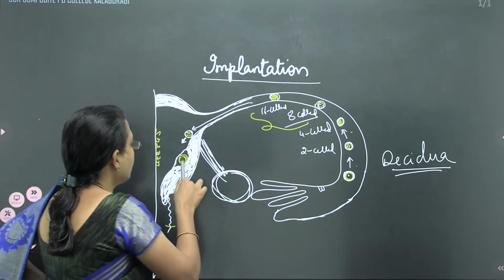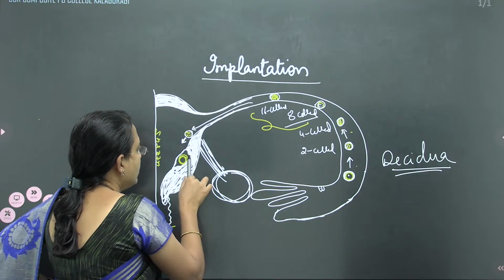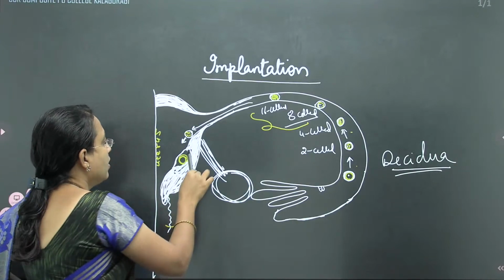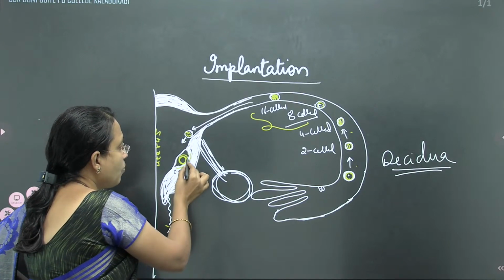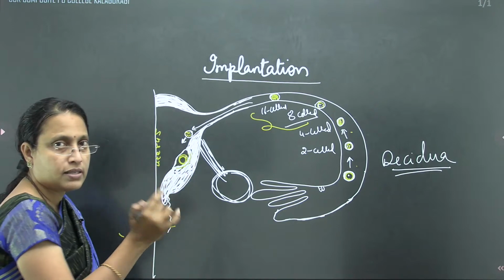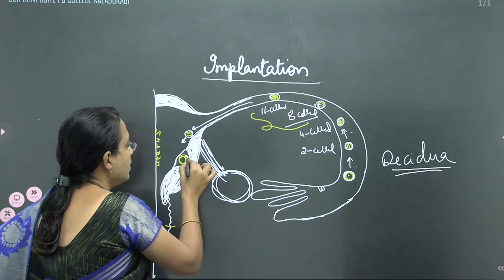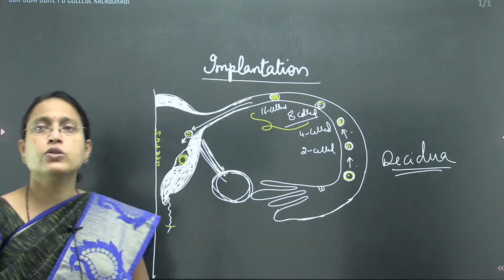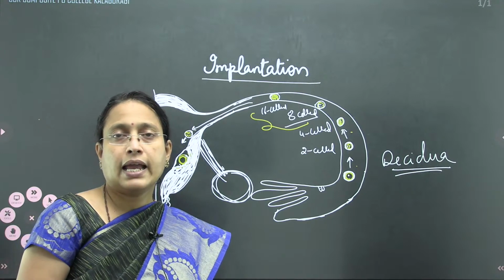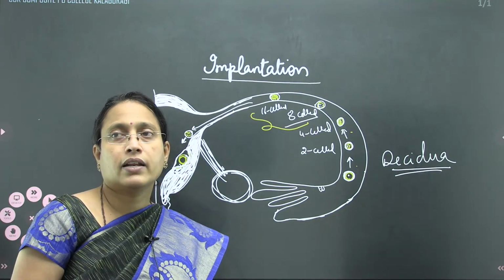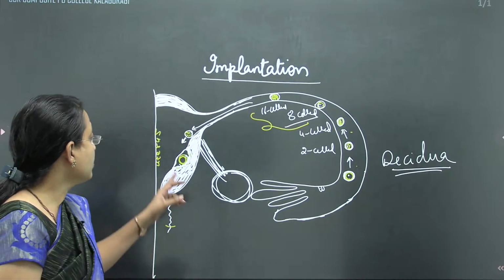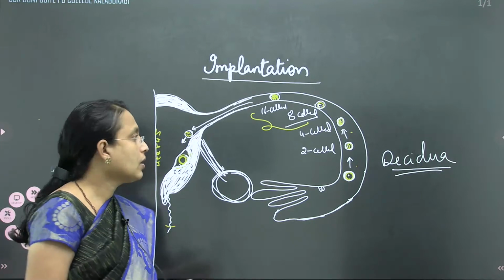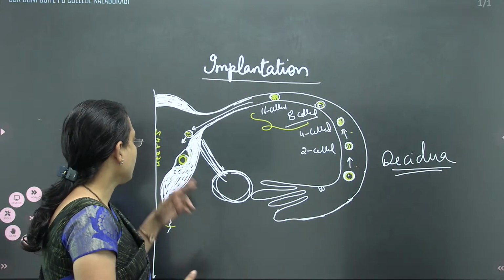So the one at the base is called decidua basalis. Here the trophoblast, which is differentiated into two layers, the syncytial trophoblast, starts secreting lytic enzyme and also produces finger-like projections, which in future form chorionic villi and later on continue to be part of the placenta.